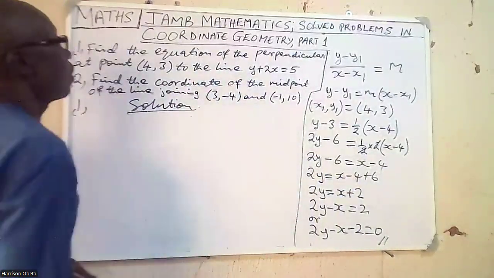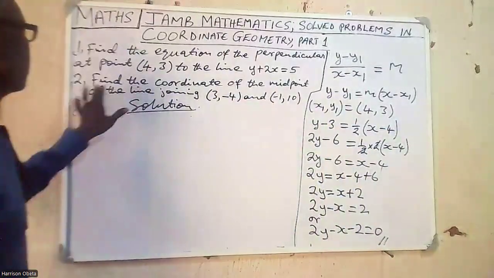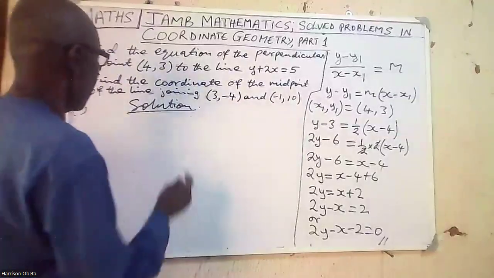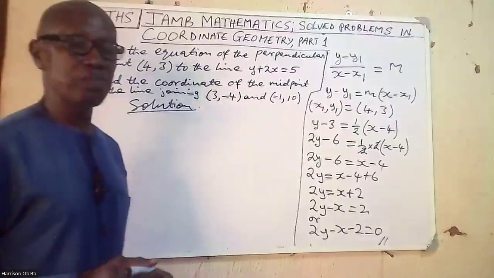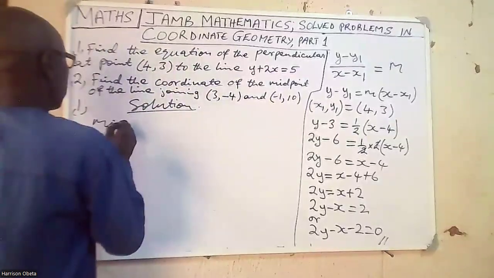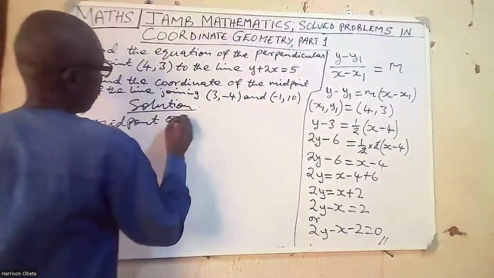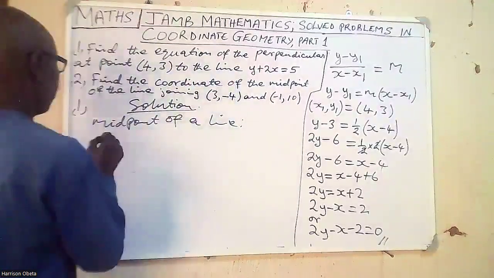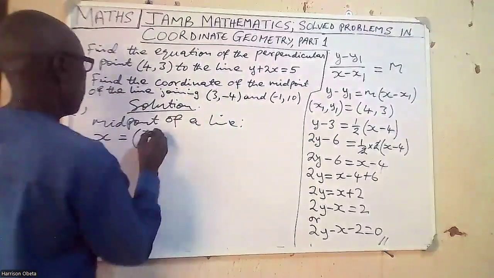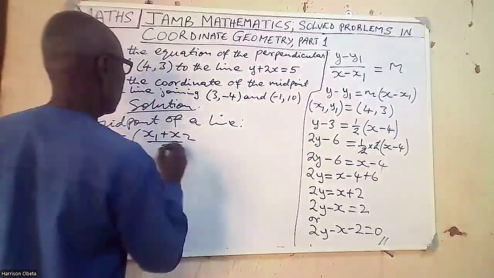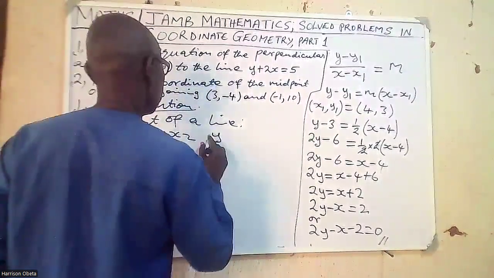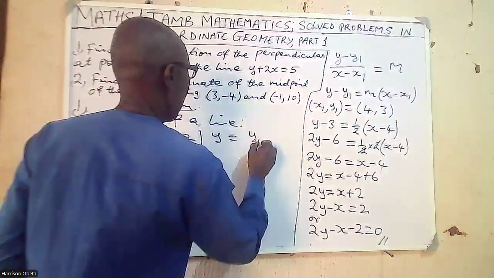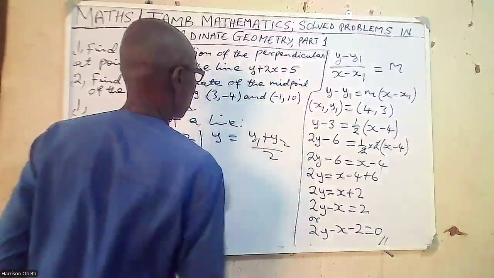And question number 2, we are trying to find the coordinate of the midpoint of the line joining this and this. And then we know that the midpoint of a line is given by the formula x equal to x1 plus x2 all over 2, y equal to y1 plus y2 all over 2.